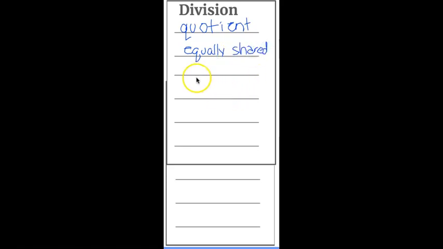Your next clue letter is the letter V. Write the letter V with those other letters. Let's see, split. Sometimes they might say split equally. That gives you a clue that you're probably going to be dividing. Out of.